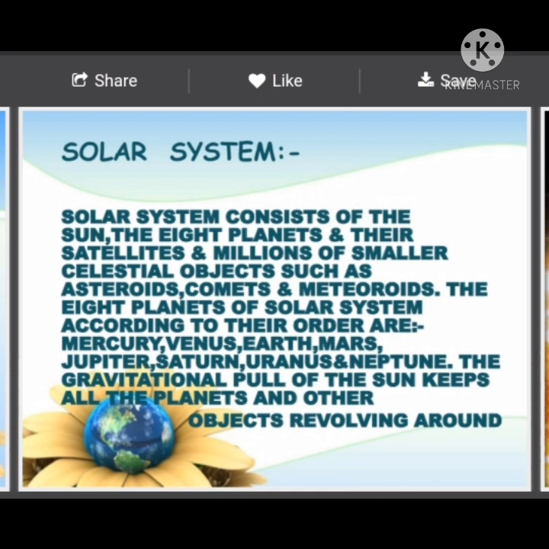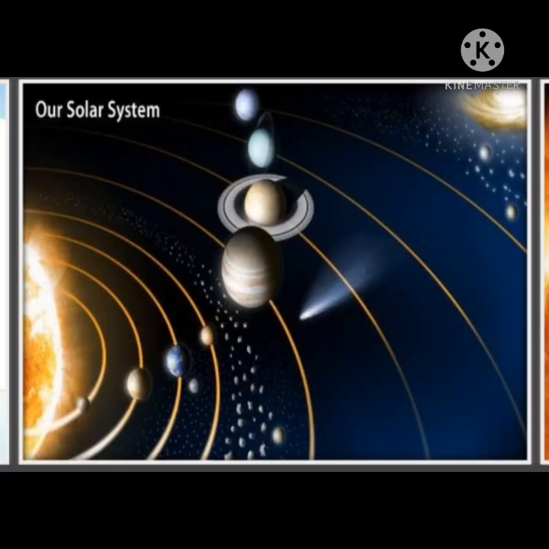The gravitational pull of the sun keeps all the planets and the other objects revolving around it. We can see that all the planets revolve around the sun because of the gravitational force.